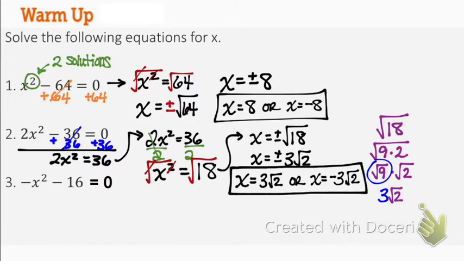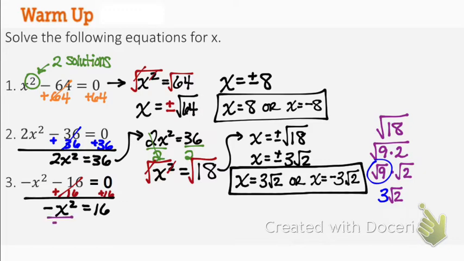Last one. What do I do first? Add 16 to both sides. So I have negative x squared equals 16. What do I do next? Take the negative away.